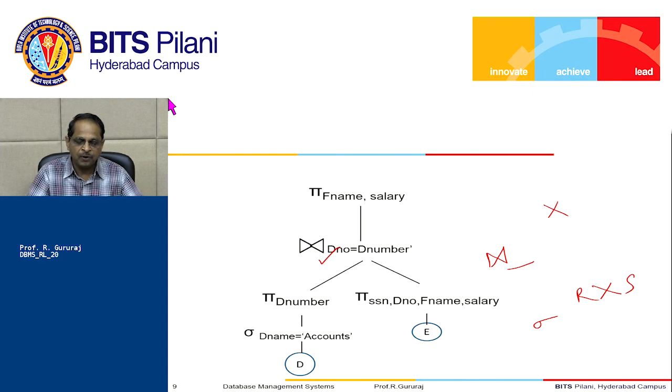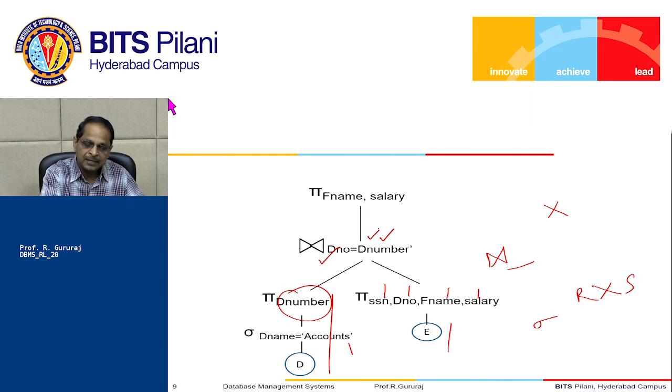I join the tuples from this and this, where if I take the department table, I have only one tuple and only one attribute. And if I take the employee table, maybe for all the tuples, I have only 4 attributes available. That means I have already minimized the size of the relations that I am considering for this join operation. Now I will perform the join operation based on the DNO from the employee table being the same as D number in the department table.